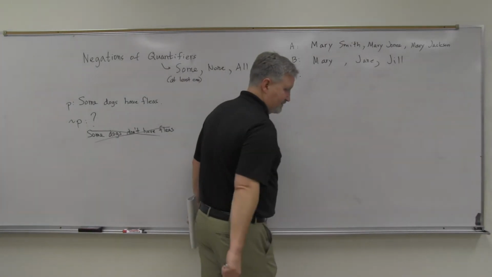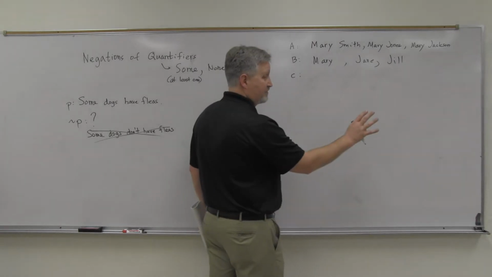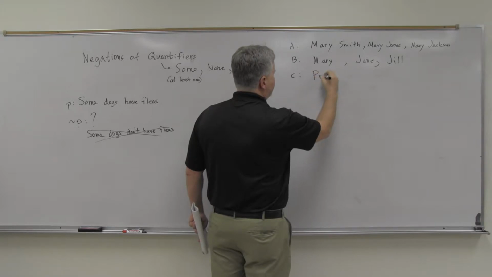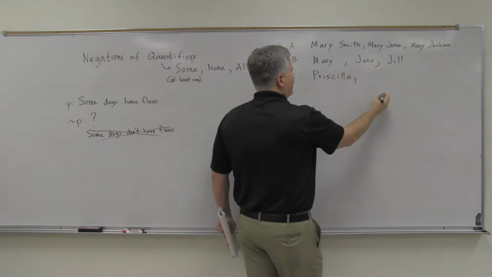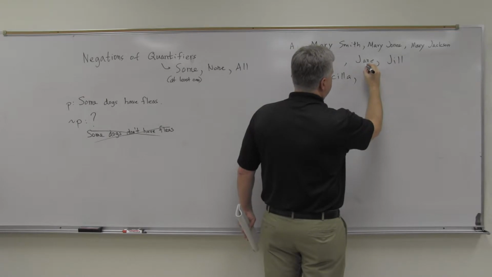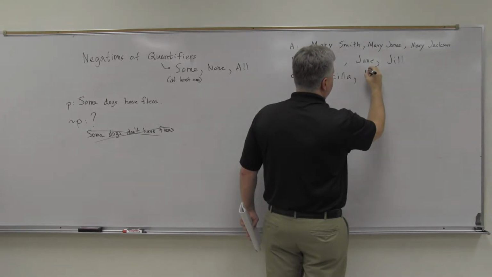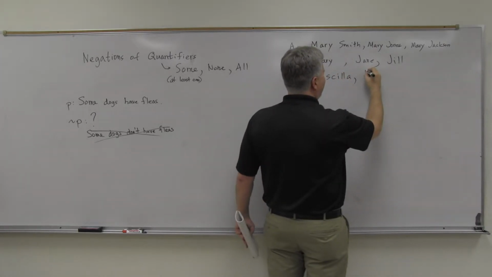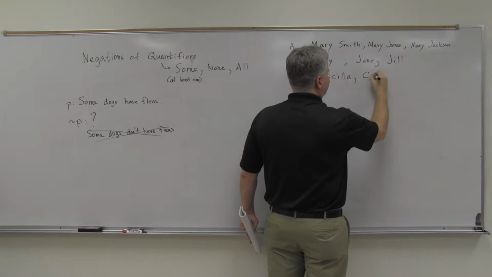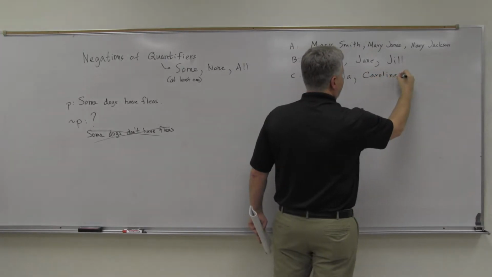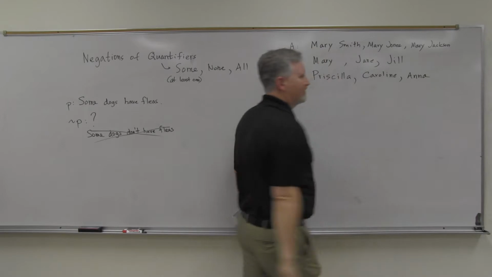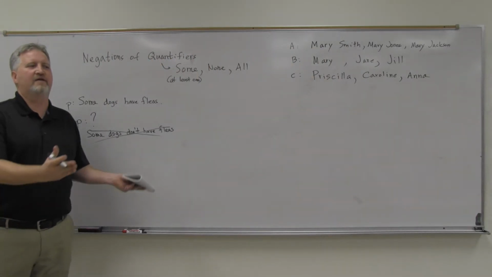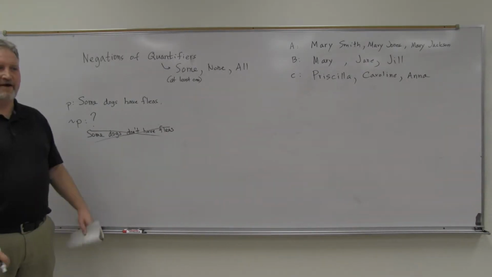And then guess what group C would be? None of them are named Mary: Priscilla, and, what would be another good name? For some reason I have trouble with the names. How about Caroline and Anna. All right, so that's representative of all the possibilities we could have of groups and how they relate to people named Mary, okay?